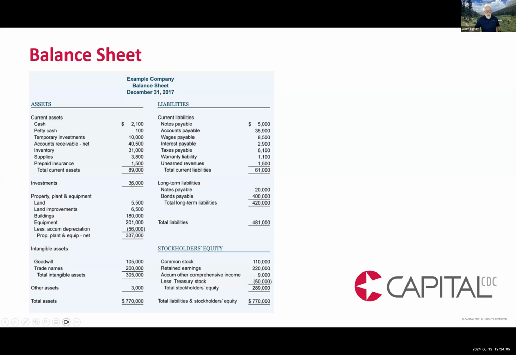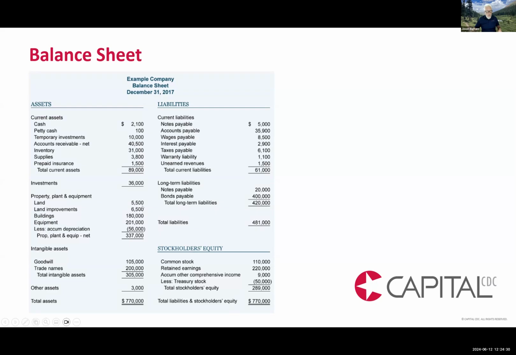Also, assets. So we've got total current assets, 89,000, investments, 36,000. Now we've got long-term assets. Those include real estate, land improvements. That's just another word for building. In the valuation of real estate, land and the building are considered separately and together, but they're separate valuations.